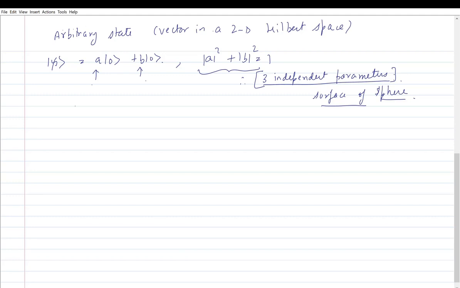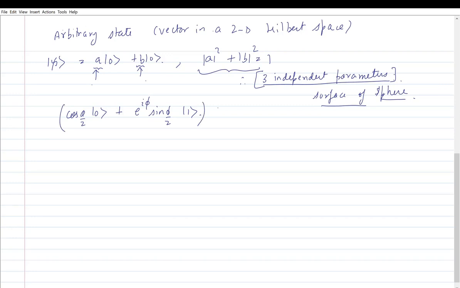So let me represent the qubit as cosine theta by 2 |0> plus e to the i phi sine theta by 2 |1>. Mind you, the overall phase doesn't really matter, so I might as well drop it, instead of these two things.